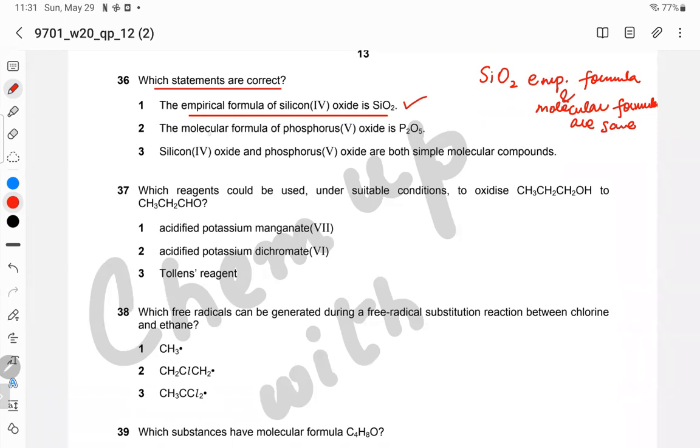Okay. The molecular formula of phosphorus 5 oxide is P2O5. Is it correct? Yes. Can anybody tell me, is it correct or wrong?